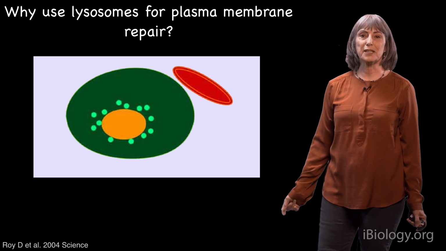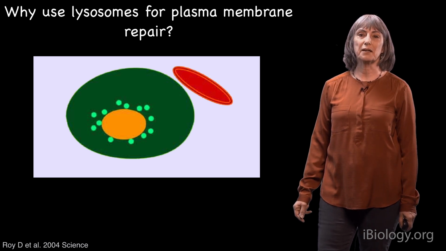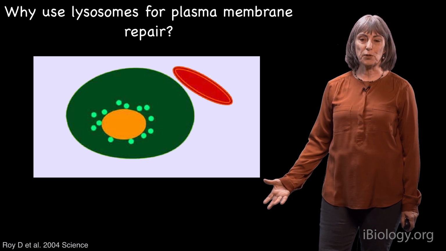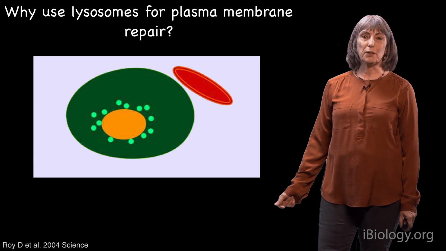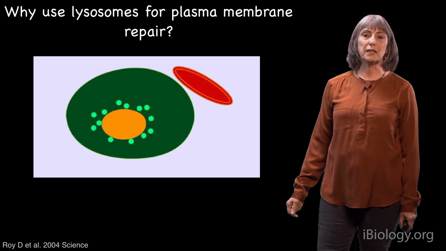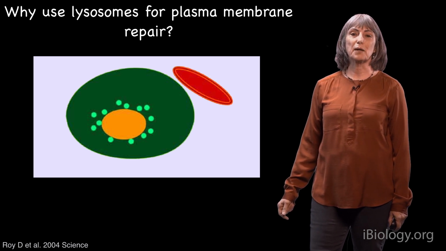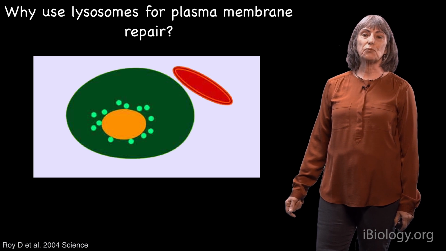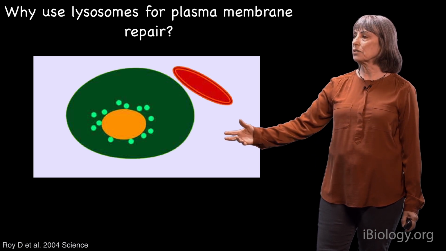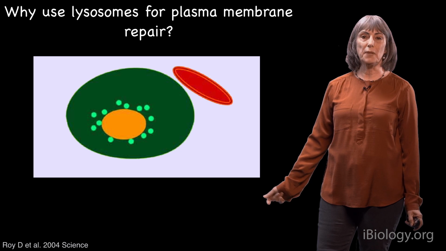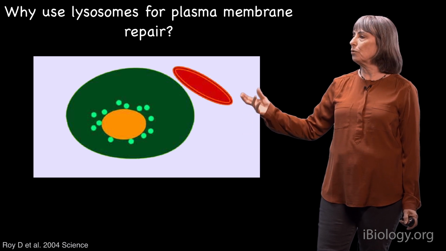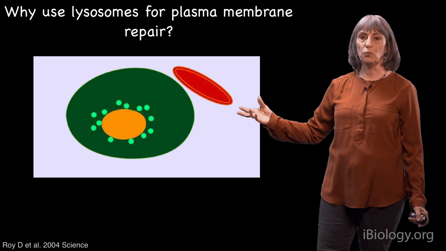Why use such a dangerous compartment full of these degradative enzymes for plasma membrane repair? Thinking about this, and we actually did real experiments to test this hypothesis, we have to think that nucleated cells co-evolved with bacteria for millions of years. And bacteria produce an arsenal of agents that wound the plasma membrane.